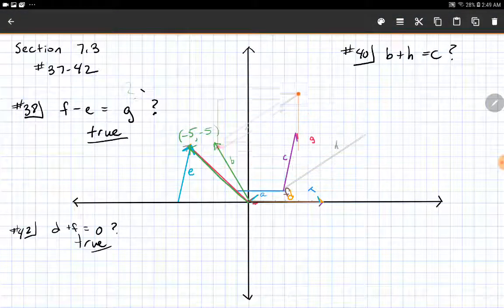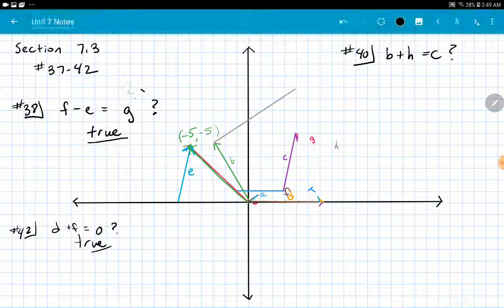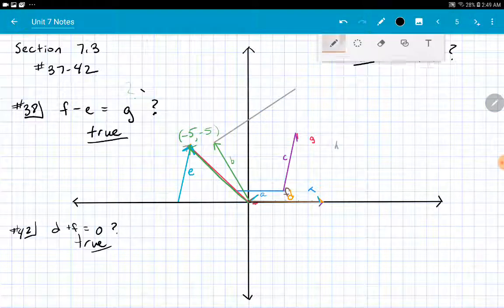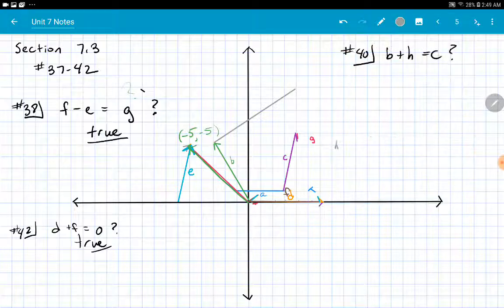So I start where B ended, and the terminal side of H should be on the arrow over here, but I deleted it a little earlier by accident. All right, so we end up here, and let's see, is that equal to C?